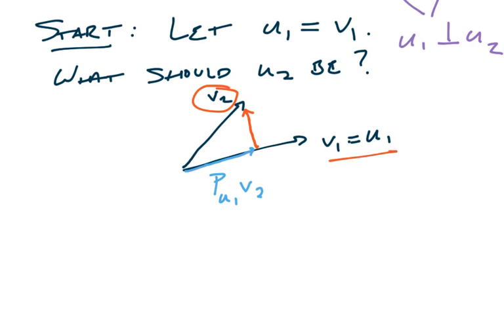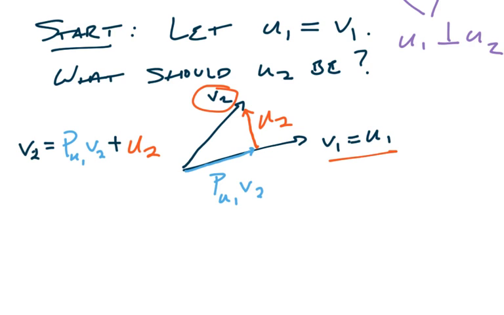And because of that homework exercise that you did on the first homework in this class, which has come up, I think this is the fourth or fifth time this has come up in this class, we know that V2 can be reconstructed via the projection onto U1 plus this vector in red that I'm just going to go ahead and label as U2 right now. This is the vector that we want. That's U2 right there.